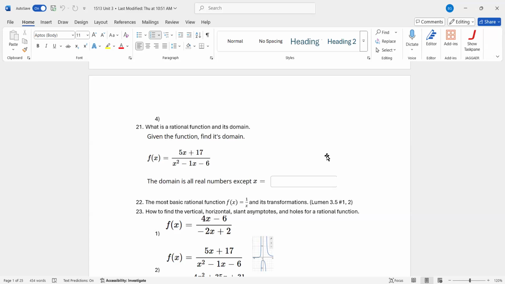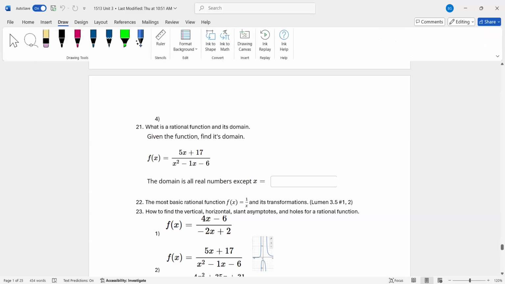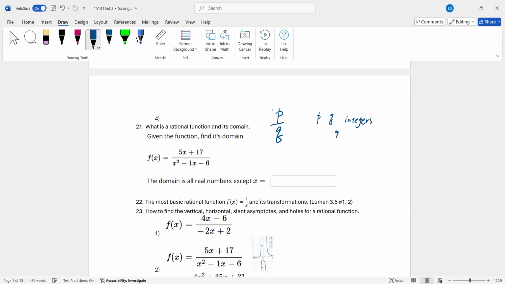And the name of a rational function is actually consistent with the name of a rational number. If you allow me to spend a little bit of time to show you, a rational number is any number that can be written in this form: p over q, where p and q are both integers and q is non-zero. Any number that can be written as a quotient of two integers is a rational number.